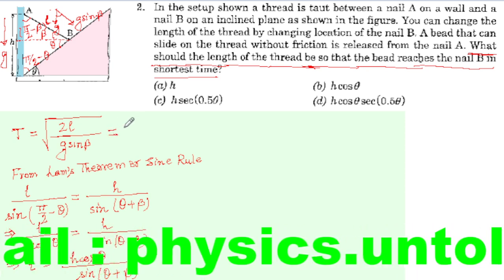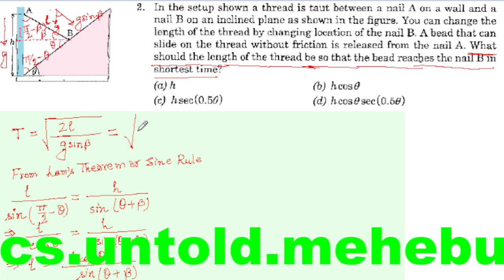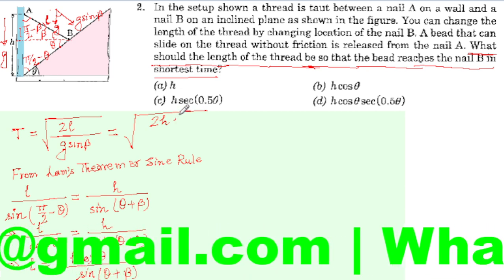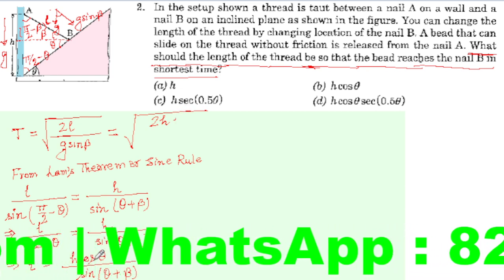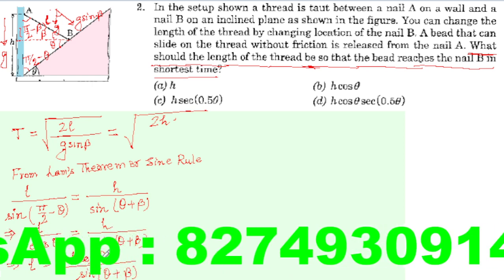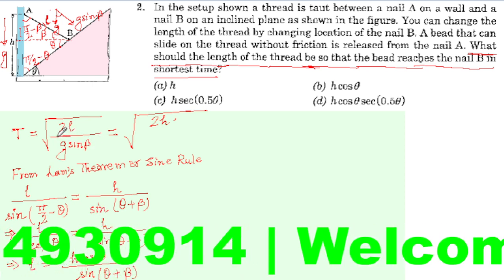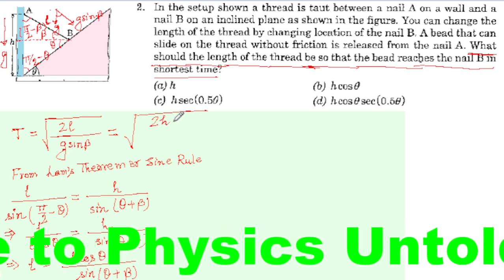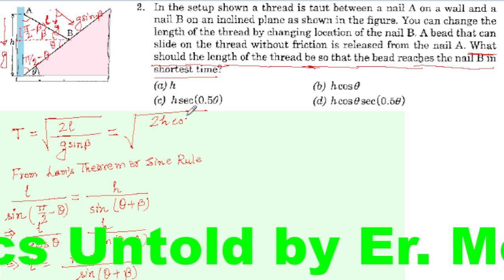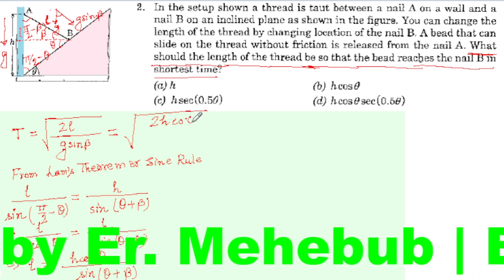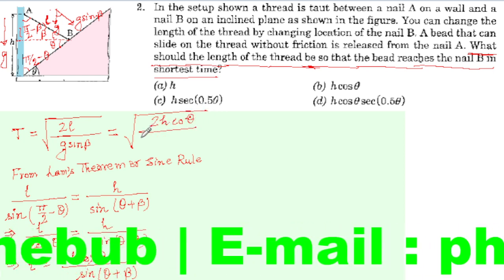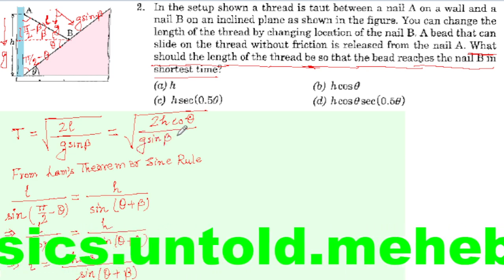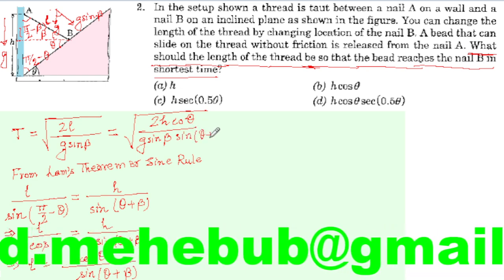The time required is the square root of 2L divided by g sine beta, which is equal to 2h cos theta divided by g sine beta into sine of theta plus beta.